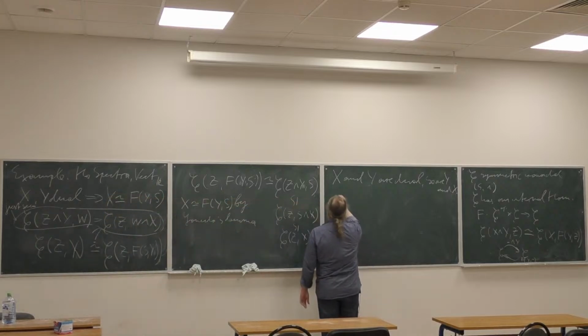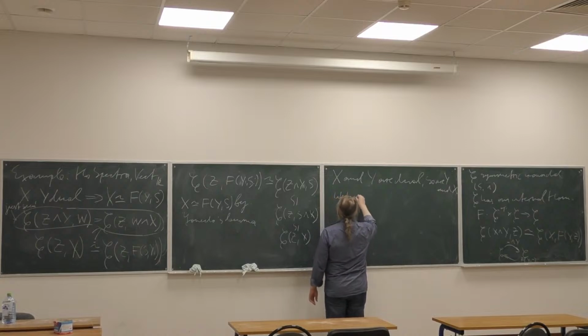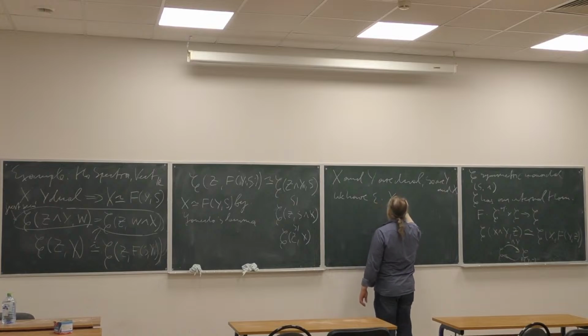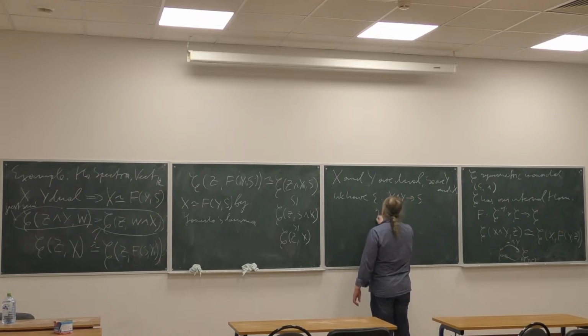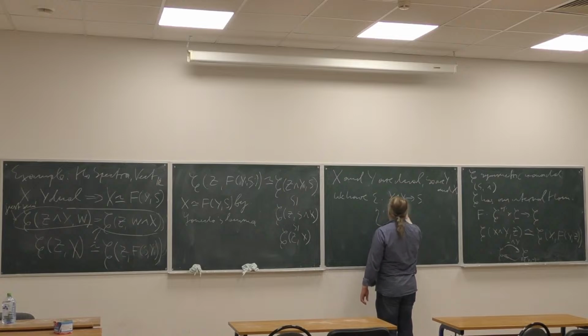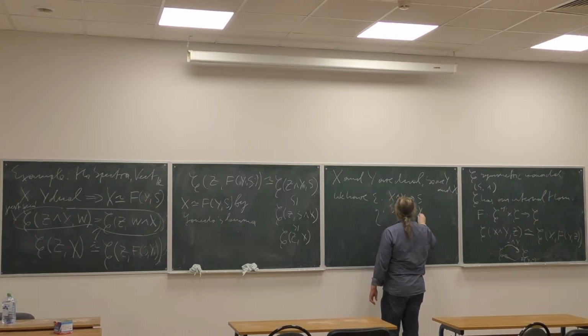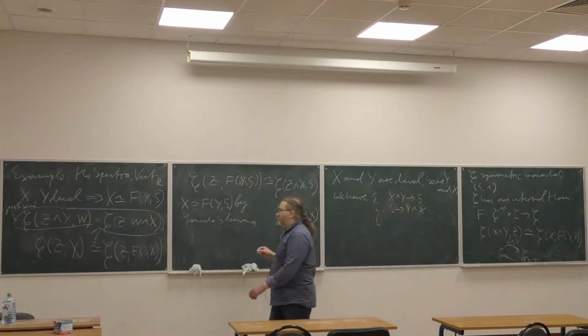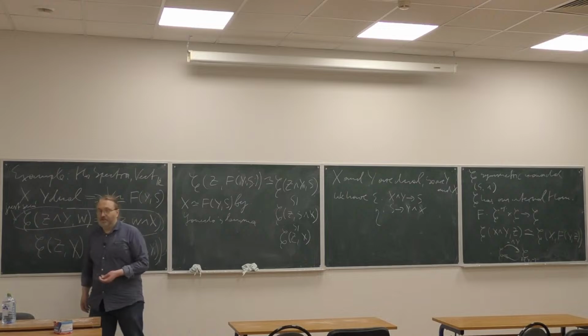So Y wedge X. So we have the evaluation map and the co-evaluation map.